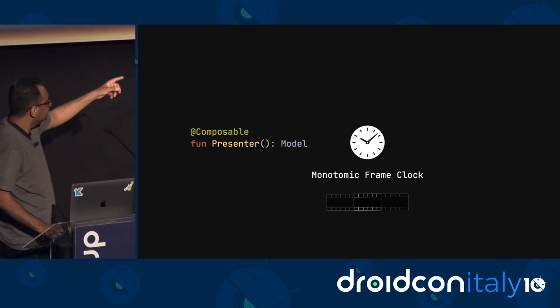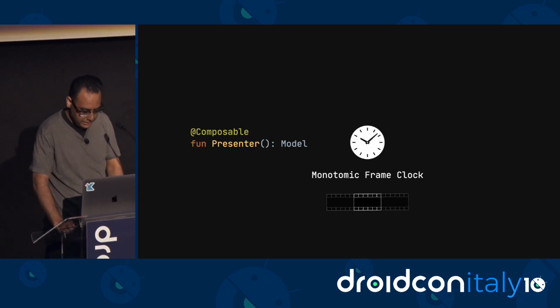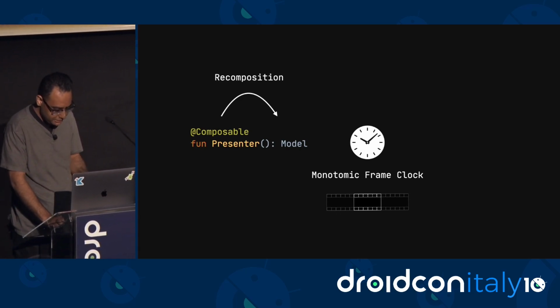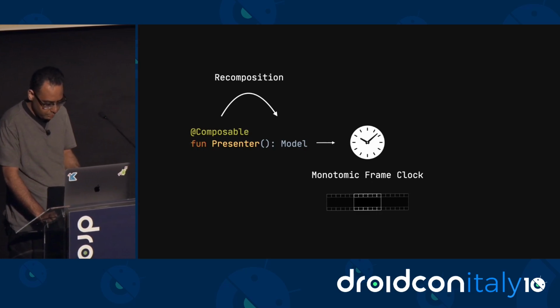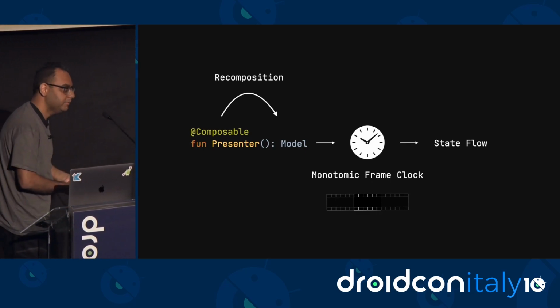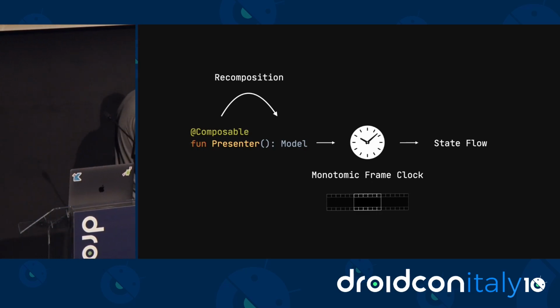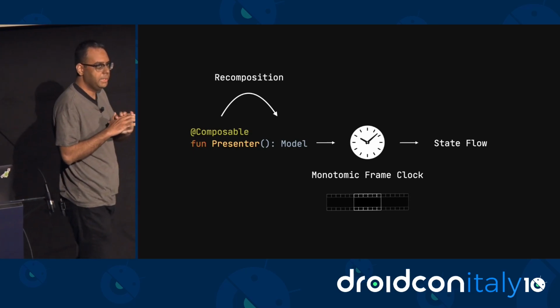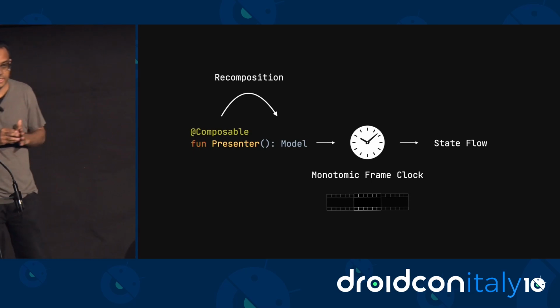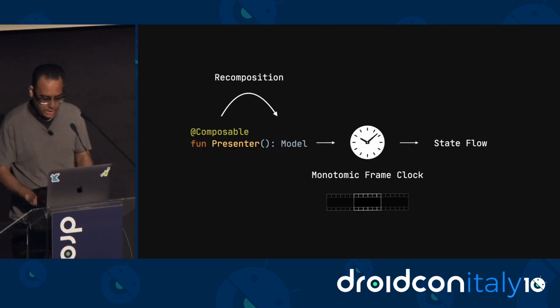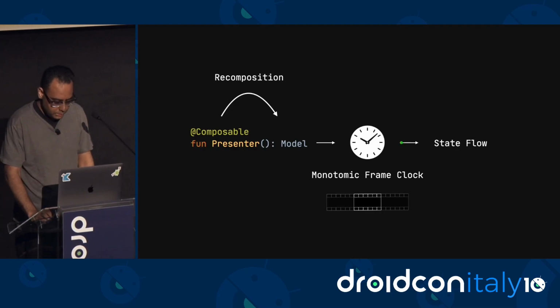With a tick, a frame gets emitted when a recomposition happens, and then it pushes to the state flow. That's how it works under the hood. A little bit of preview, but check out my talk from Droidcon NYC last year for more on how this works. So let's look at how to utilize this.